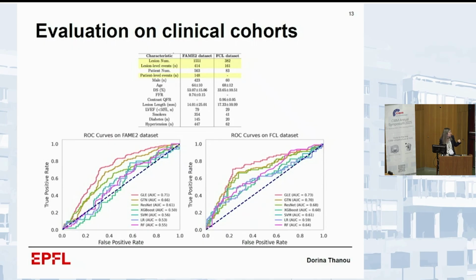I don't have the time to go into all the details, but if you check the curves for both data sets, the ROC curves that are a metric of evaluating the performance, the higher the better, you will see that by taking into account explicitly this geometry, with the purple line you get a performance that is much better than a purely image-based model or models that are based on clinical evaluations based on the FFR or the diameter stenosis.